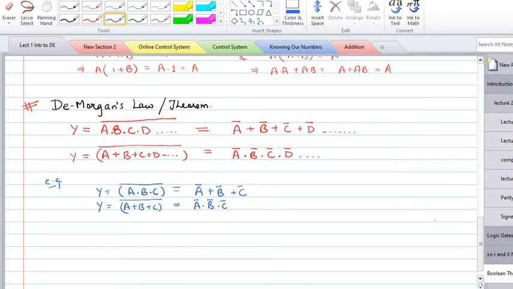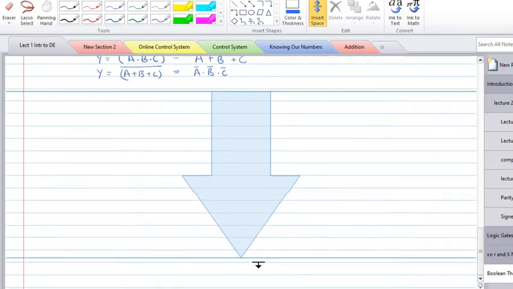If we want to see the proof, then here is the proof.